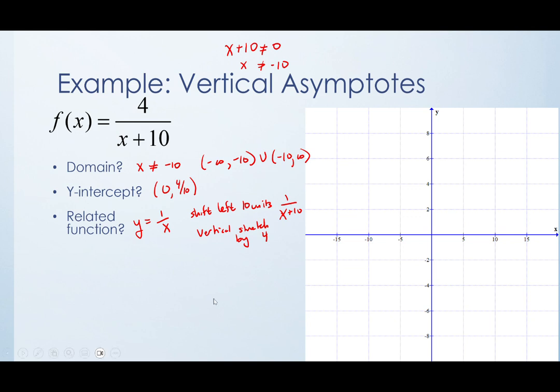Okay, so we haven't drawn anything yet, but we can draw something now because we want to know what the vertical asymptote is. This x plus 10 doesn't factor, so we have a vertical asymptote at x equals negative 10. So we're going to draw that in here. And what do we know?